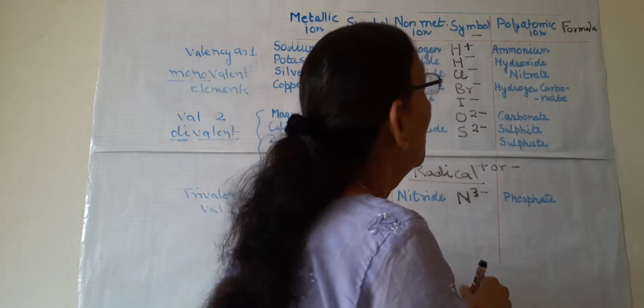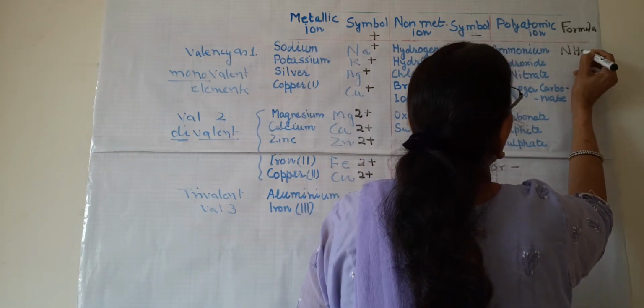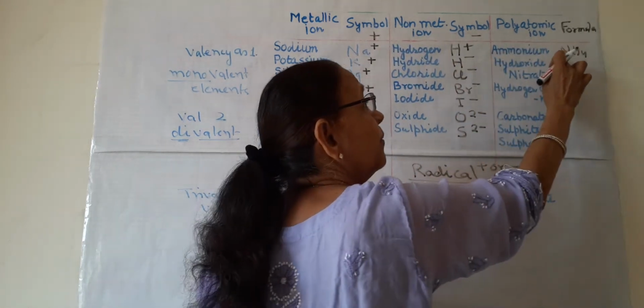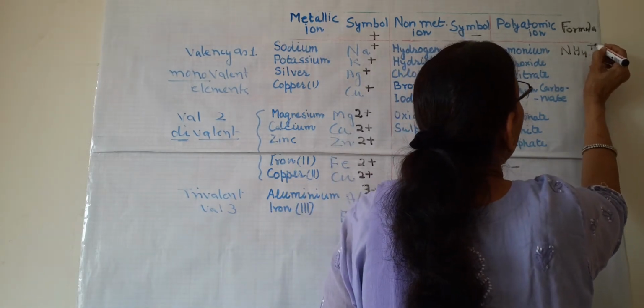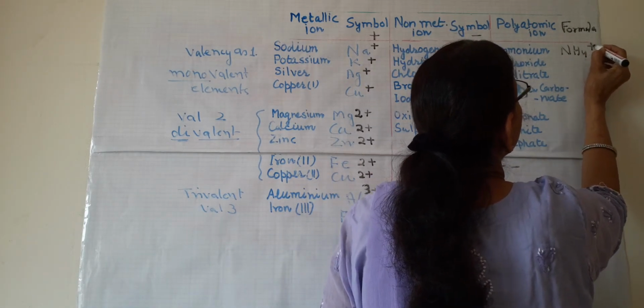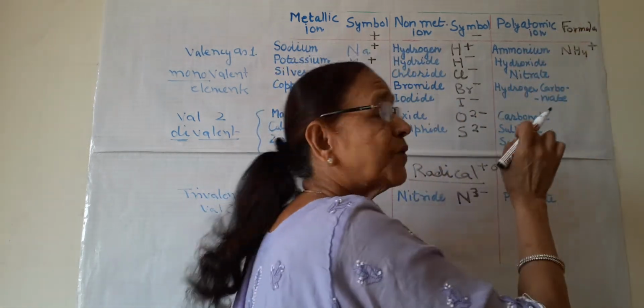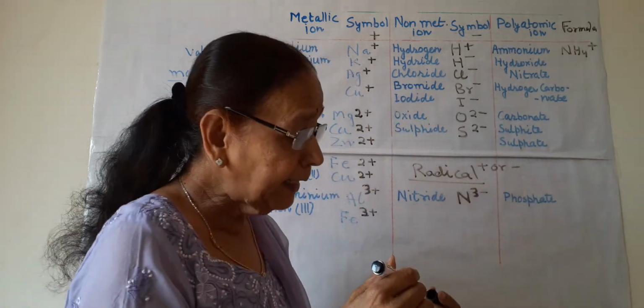We see how. The formula for ammonium is NH4. It is formed by two elements, nitrogen and hydrogen, and it has a single plus valency. This is the only polyatomic ion which has a plus charge. Apart from ammonium, all have negative charge.